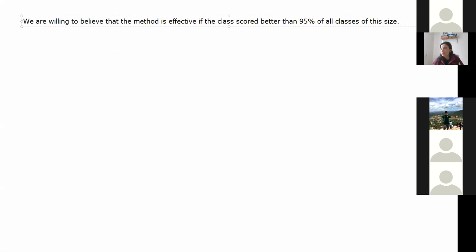Okay, so we are willing to believe that the method is effective if the class scored better than 95% of all classes of this size. And here's the reason. It's unlikely that the class is in the top 5% just by chance, right? There's only a 5% chance that they're there just by chance.